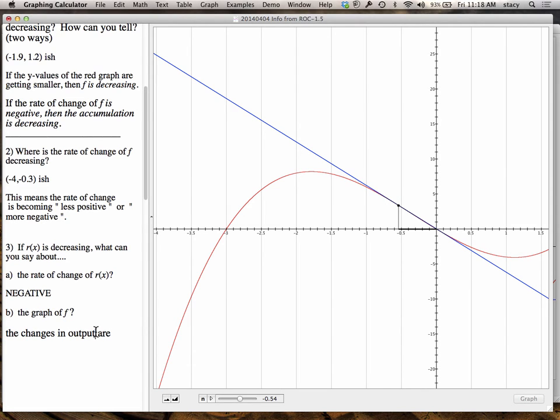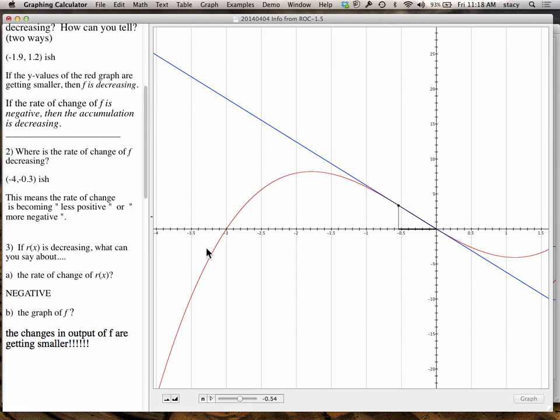The changes in output of f are, right? So the changes in the output are big here.